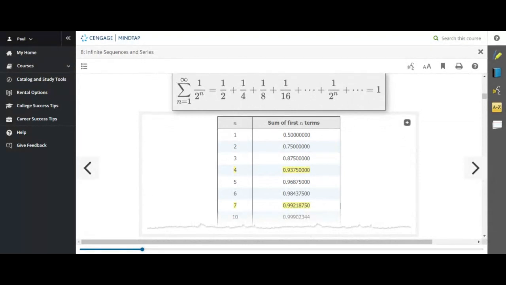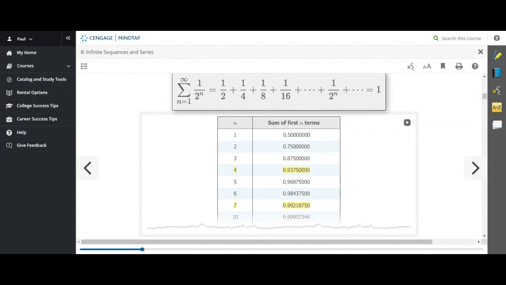you have n equals 1, 2, 3, 4, 5, 6, 7, and so forth. And on the right part of the table, they have the sum of the first n terms. So when n is 1, the sum of the first term is just the first term, a half.